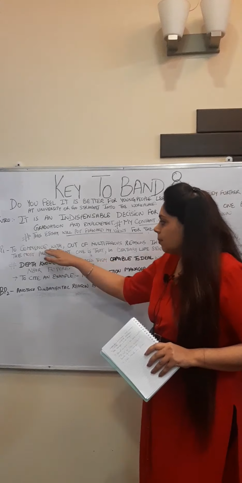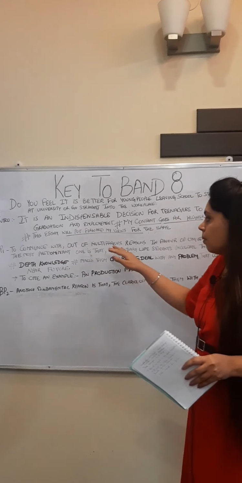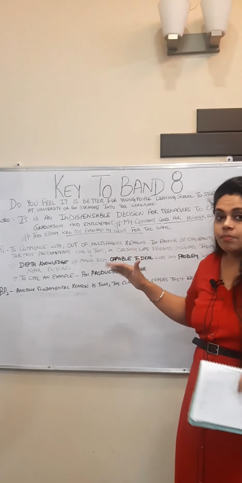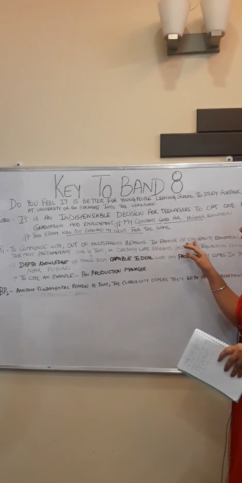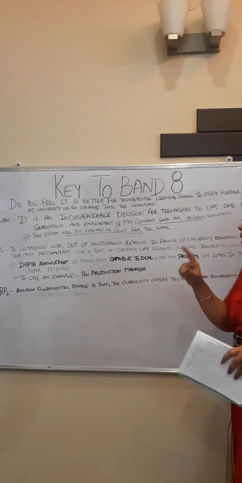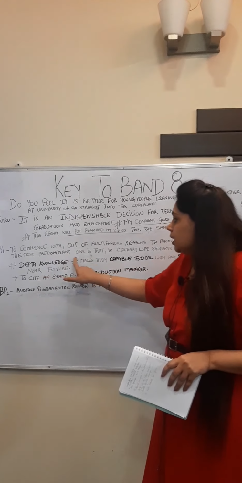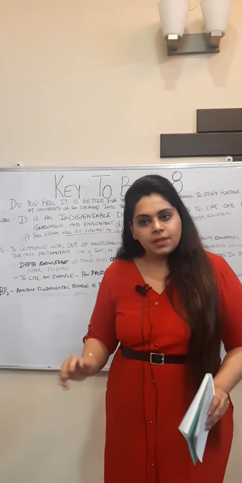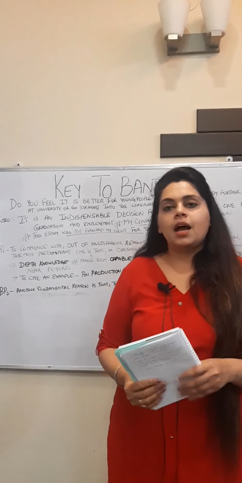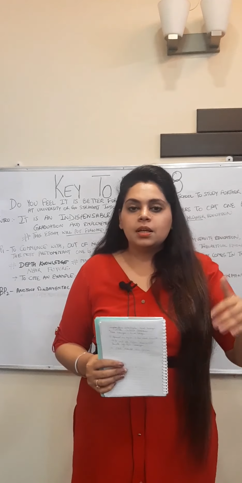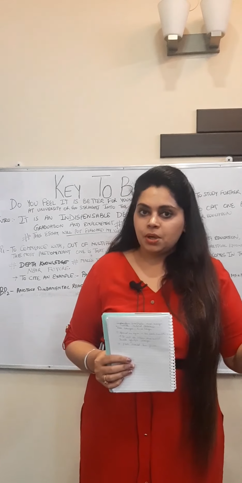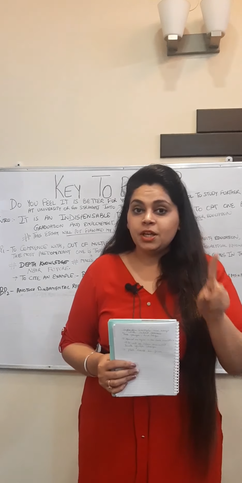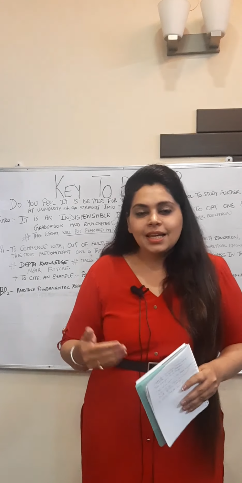One, to commence with, out of multifarious reasons, multifarious means many reasons, in favor of university education, the most predominant one is that. The student is telling, I have many reasons why higher education is important. Out of that, the most predominant one is stated.